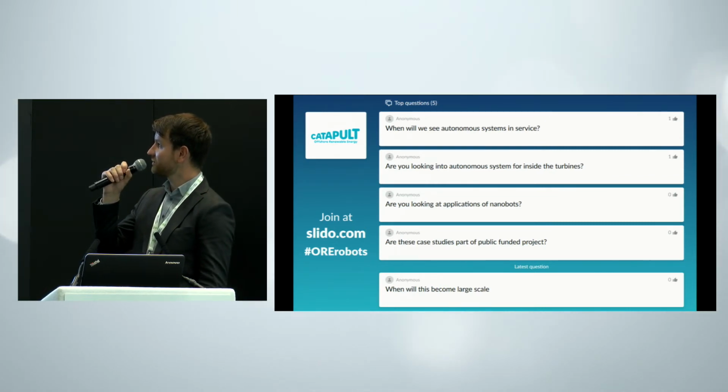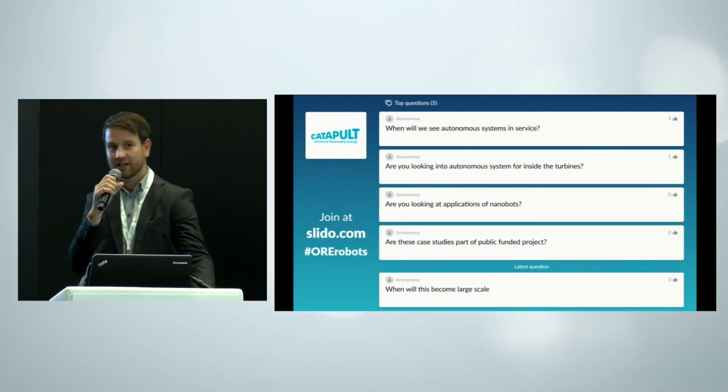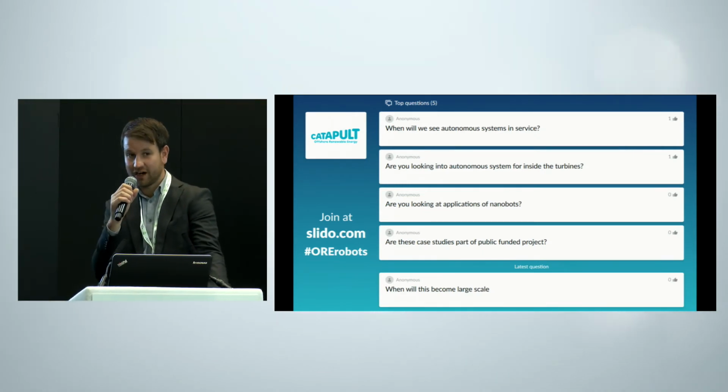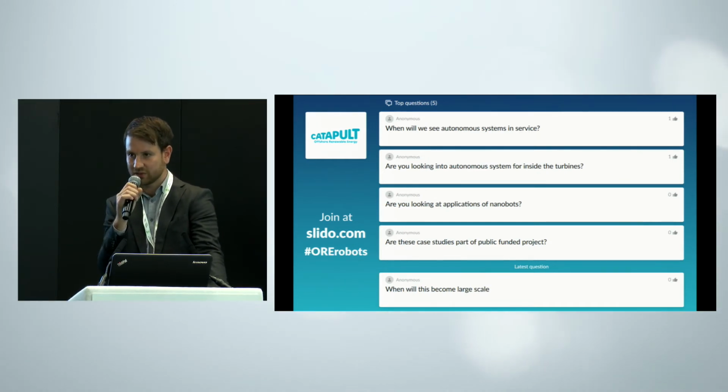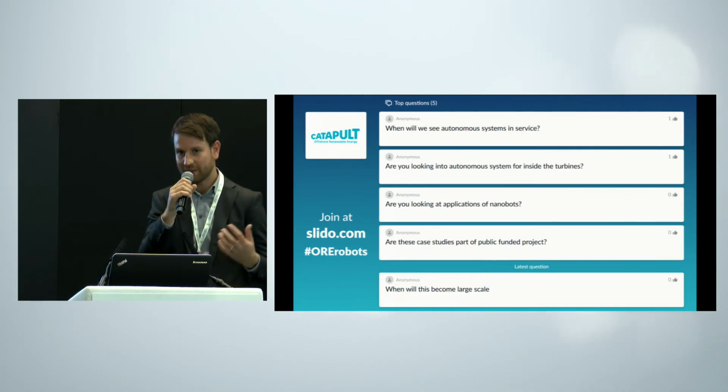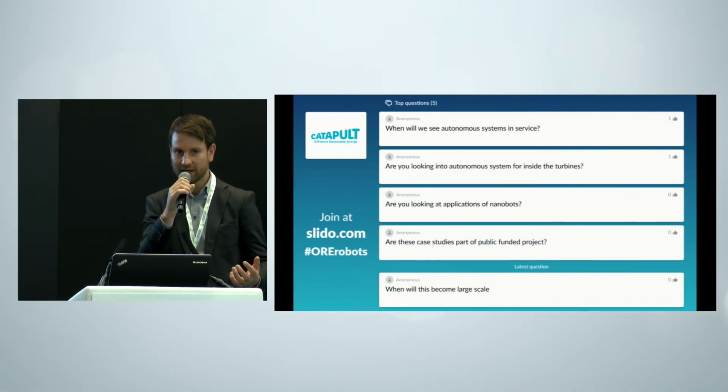So are you looking at autonomous systems for inside the turbines? At the minute, we definitely are, but we don't have any companies we're working with. And what we'd like to do is work with the companies involved in doing turbine service, who send technicians in, to understand what the opportunities are for replacing that with autonomous tasks. Those mundane, repetitive tasks that perhaps cost a lot of money and add a lot of risk.